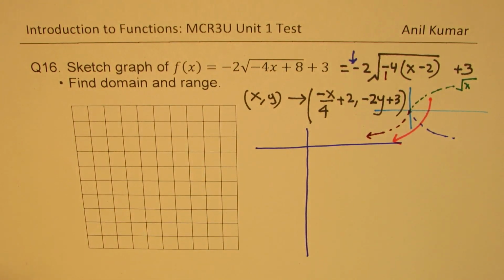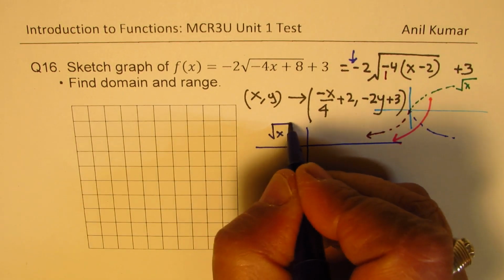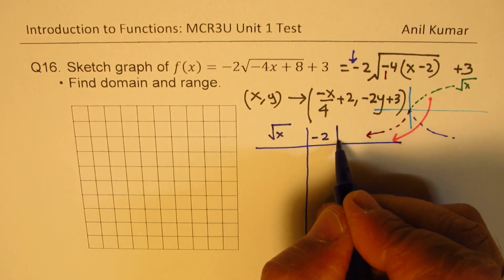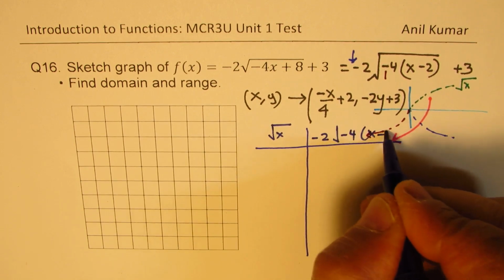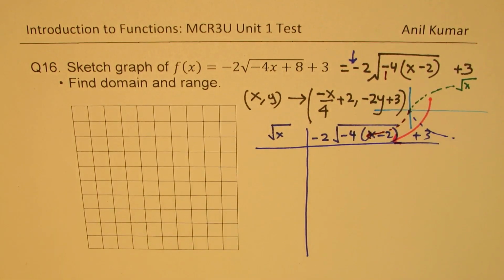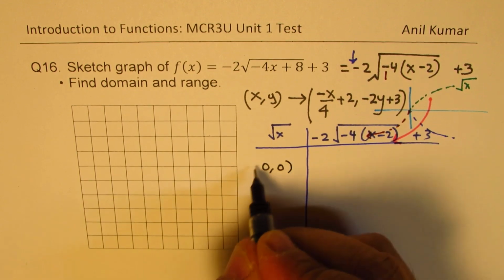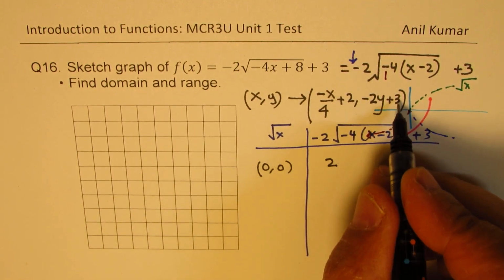So on the original function, which is, let us say, square root of x, and here we have this transformed function which is -2. I'll write it in this form, -4 x minus 2 plus 3. Okay, so we'll calculate some values. So let us take origin, because in this it is always from 0, 0. So if I put 0 here, we get 2, and there we get 3.